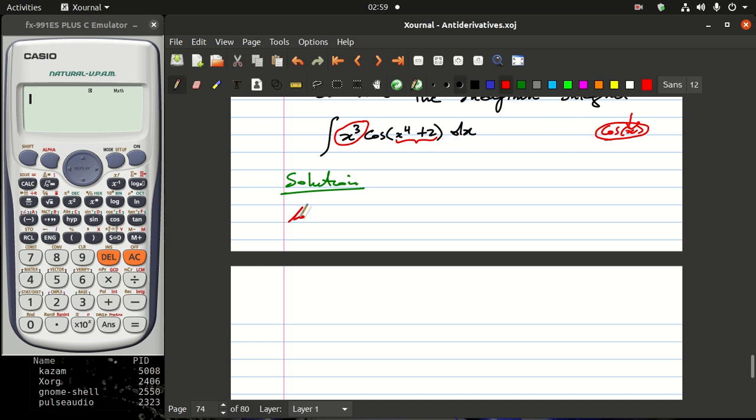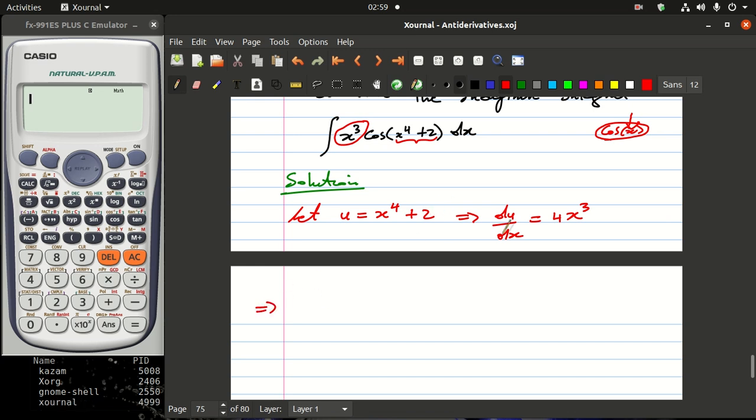So I'm going to let u be equal to x to the power 4 plus 2, which means our du/dx, the derivative of that, is going to be: I bring the 4 down, I will have 4 times x, and then I subtract 1, so I'll end up having 4x cubed. The derivative of the constant is 0.